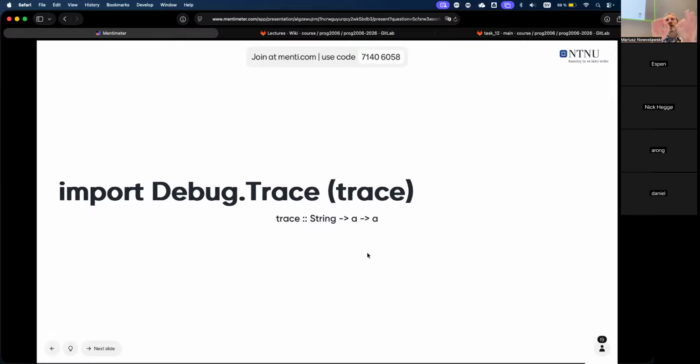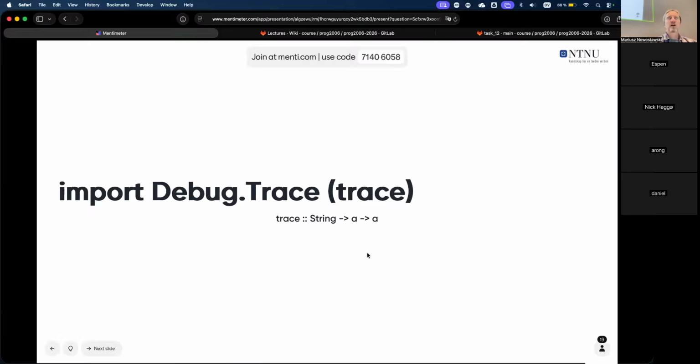So you can inject it anywhere where there is some sort of result or value, and put that string in, which will be printed when the code hits that trace call, right?